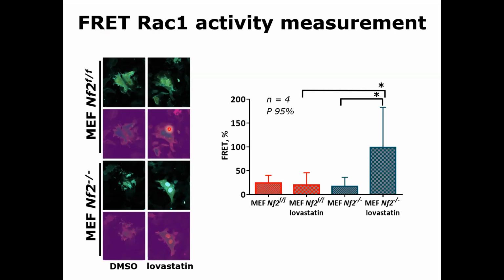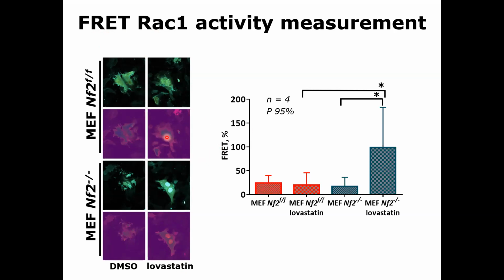So we found out that, as you can see, when adding lovastatin, we get all the RACs in the nuclei in both cell types, in NF2 deficient cells and in control cells. But in the control cells, in the presence of lovastatin, RAC1 is not active in the nuclei.